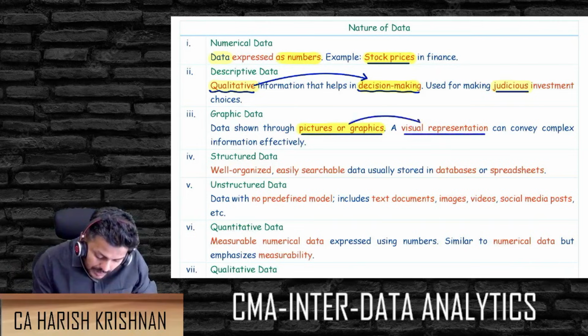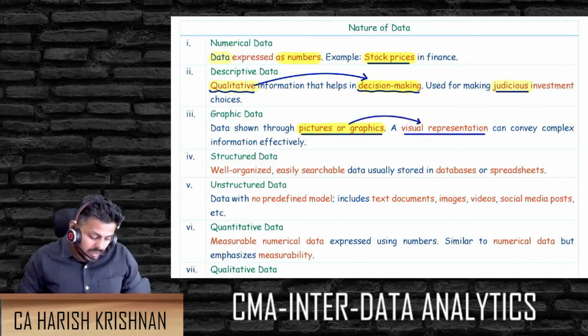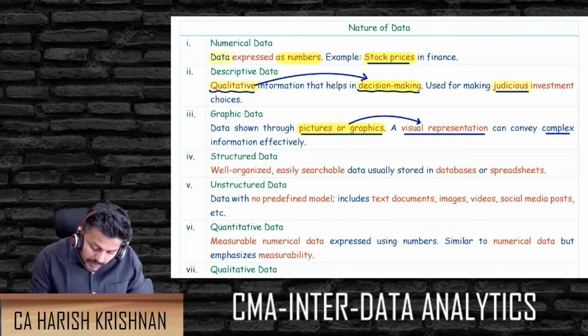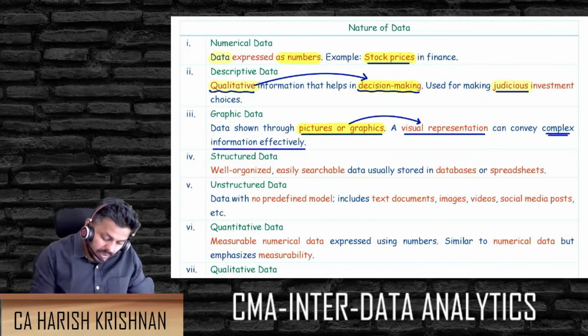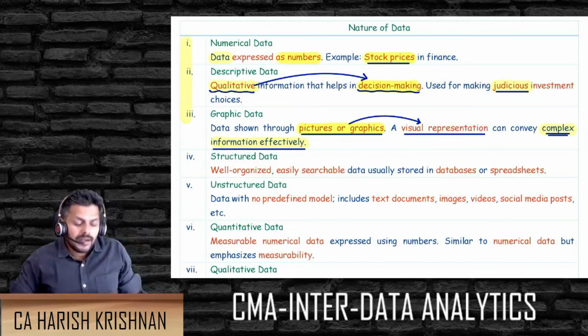A visual representation can convey complex information very effectively. That is about the three top classifications of data: numerical, descriptive, and graphic data.